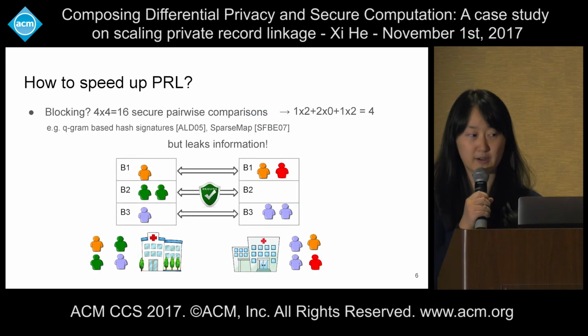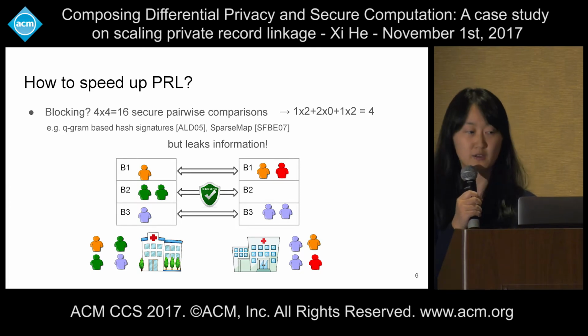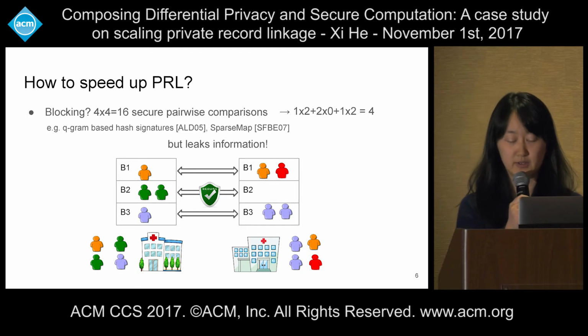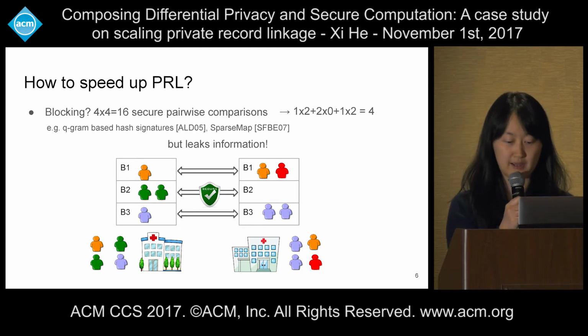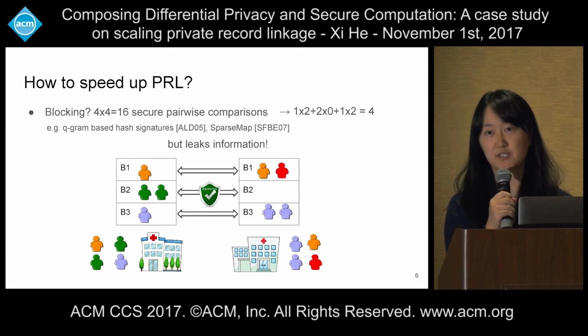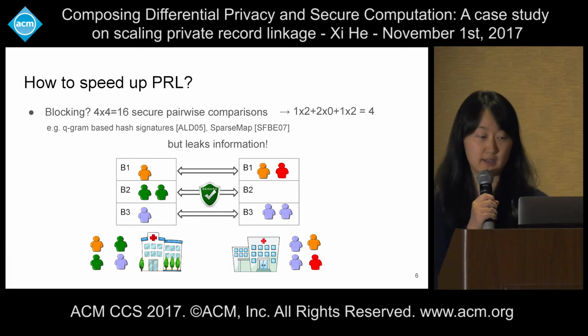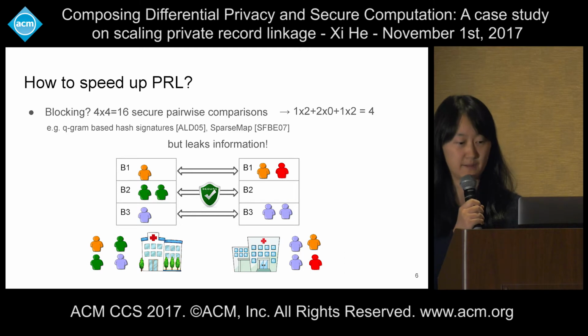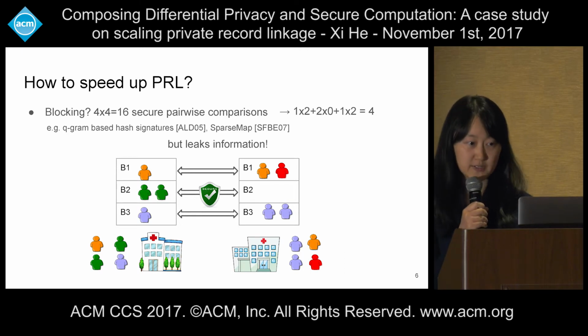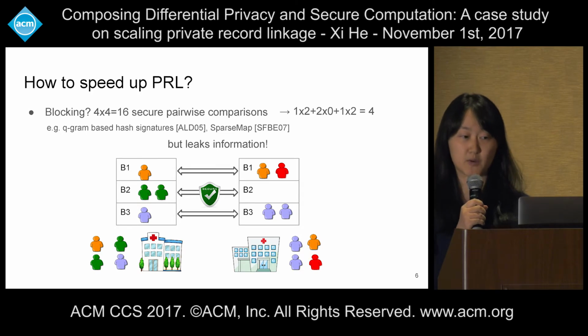There is some prior work saying we can speed up record linkage using blocking. How about using the same technique to speed up private record linkage? What does blocking mean? I will give you an example here. Given four people from each hospital, you apply a hashing function to map these records into three bins, and then you can have secure comparisons between the records from the corresponding bins.